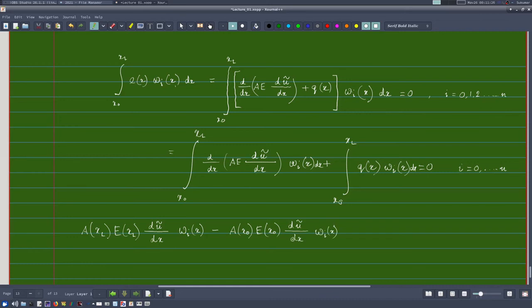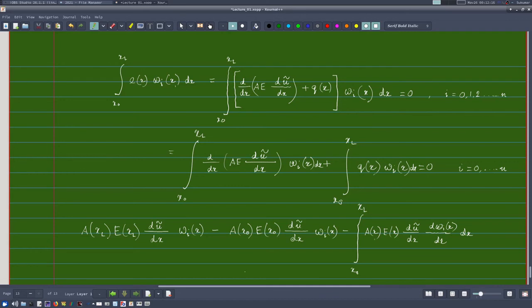And then what will I have? I'll have minus integration of, now my order of differentiation will change, so A(x) E(x) into du tilde/dx into d/dx of this second function, dw_i(x)/dx, into dx from x naught to xL.